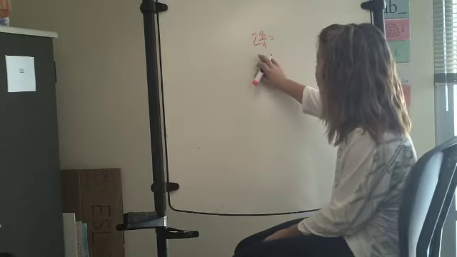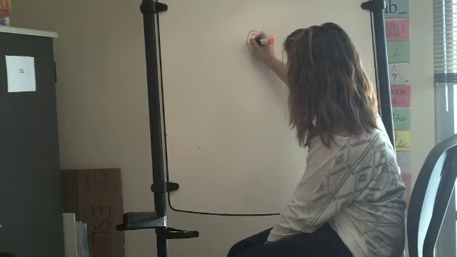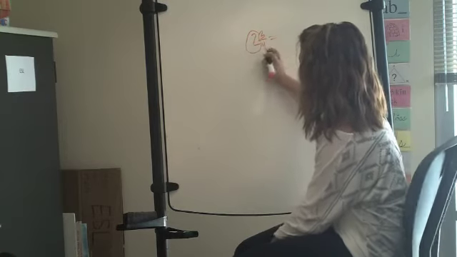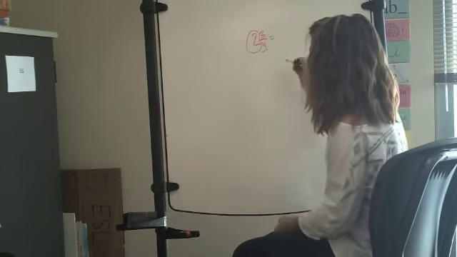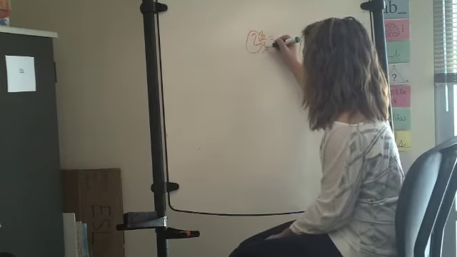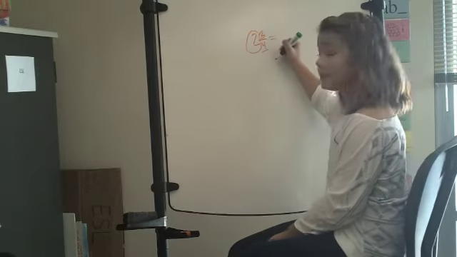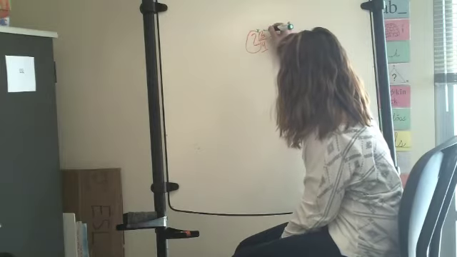The way you change it is you multiply this number by the denominator. So 2 times 4 is 8, and then you add 3.